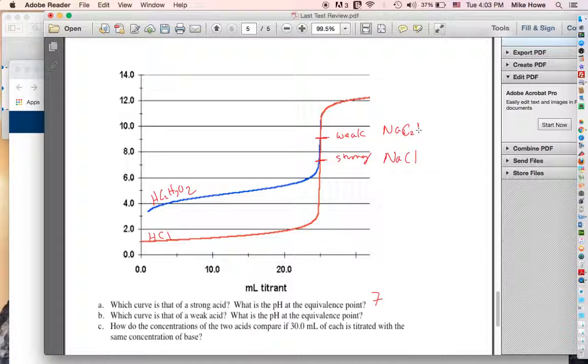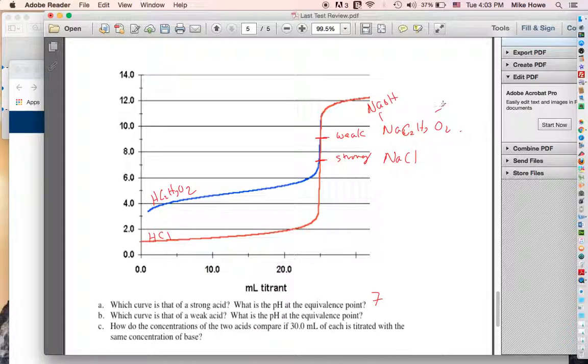All right, now, and by the way, it doesn't tell us that we have HCl and acetic acid here. I just used those as examples. So if it was a weak acid like acetic acid, then the pH is around 9. So the base from which the sodium acetate originated would be sodium hydroxide.